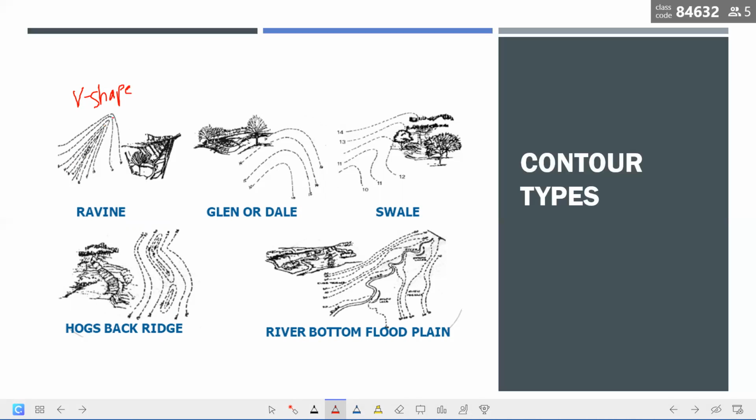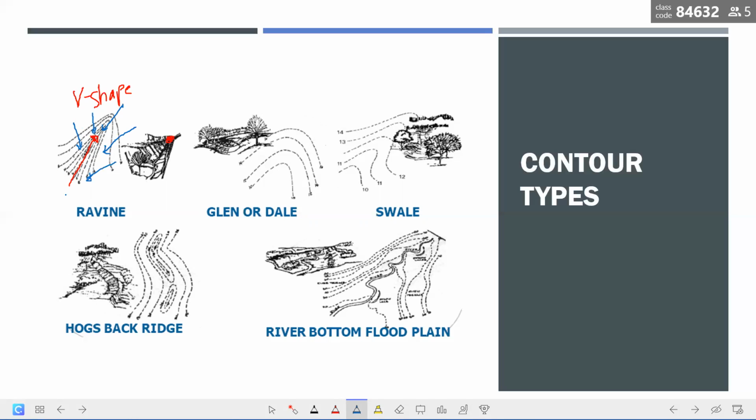But here you can see that the contour lines all point to a certain direction, to a certain area or a certain point within the site. And already, I think some of you can imagine that should rain fall, then this could be a potential water gathering or a water collection spot.